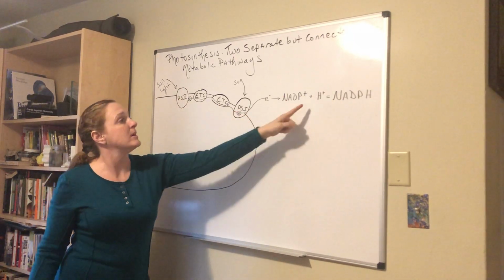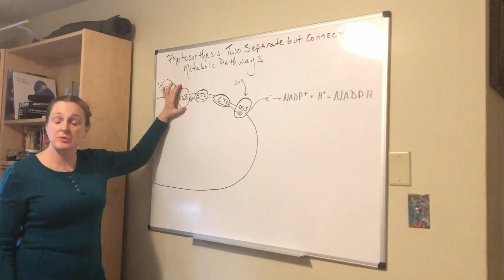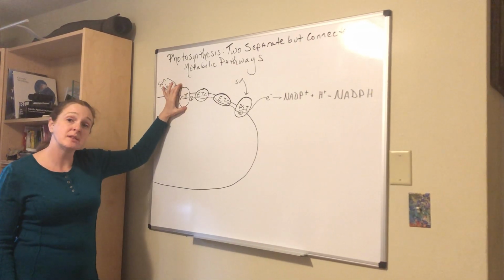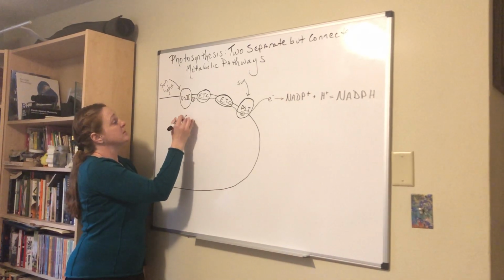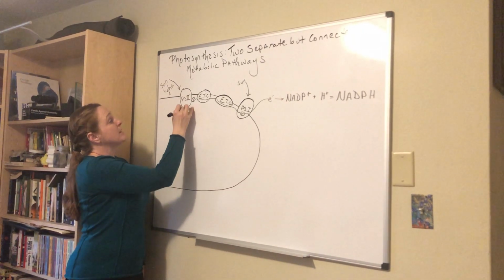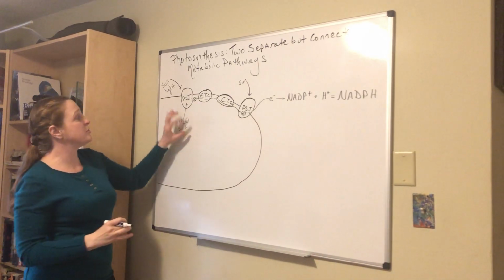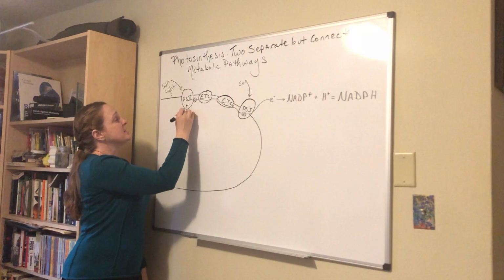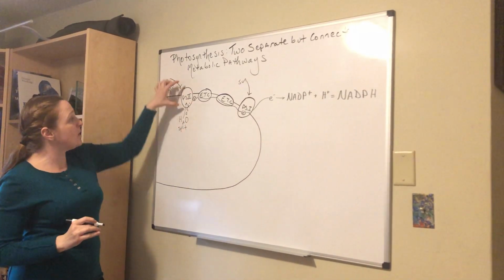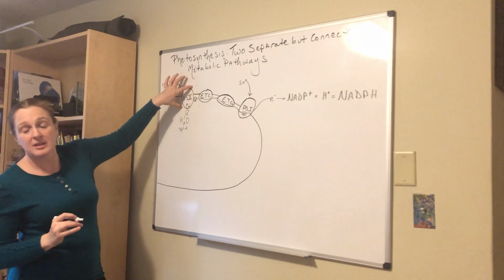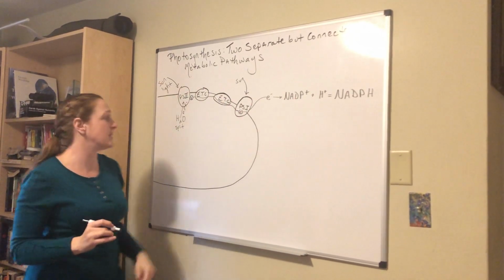This one-way flow of electrons means that at some point photosystem 2 can run out of electrons. So to keep that from happening, what our plant is going to do is split water. It's going to oxidize water, remove those hydrogen and remove those electrons. It's going to split water and put the electrons into photosystem 2, which keeps this process going.